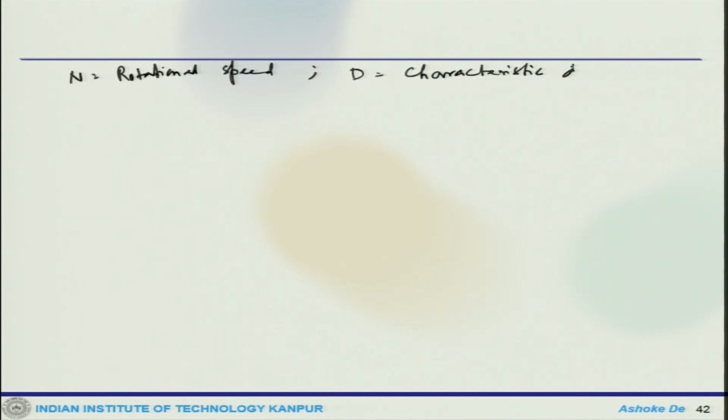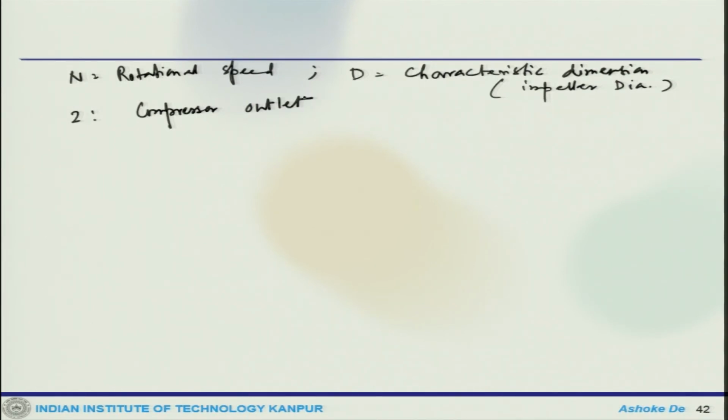Typically, one can take the impeller diameter as the characteristic dimension. So, that is what one can consider. 2 is the compressor outlet, and 1 is the compressor inlet.